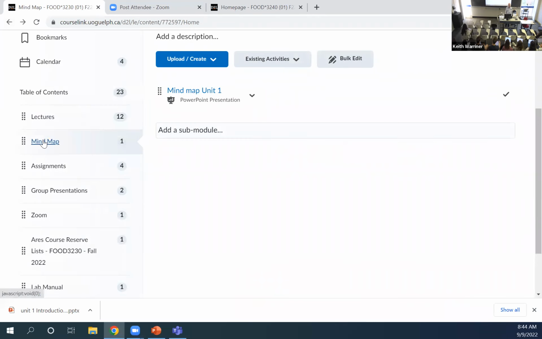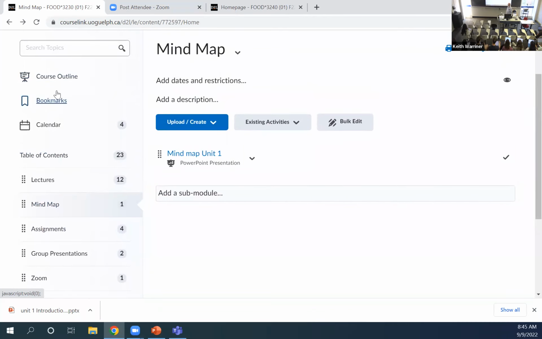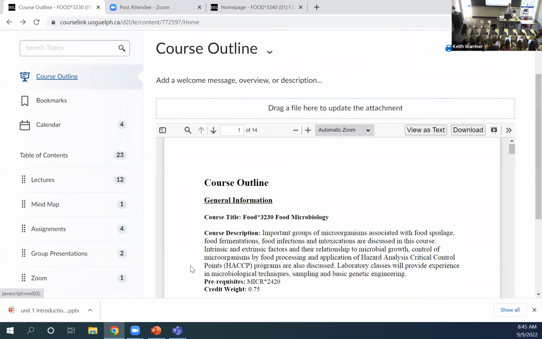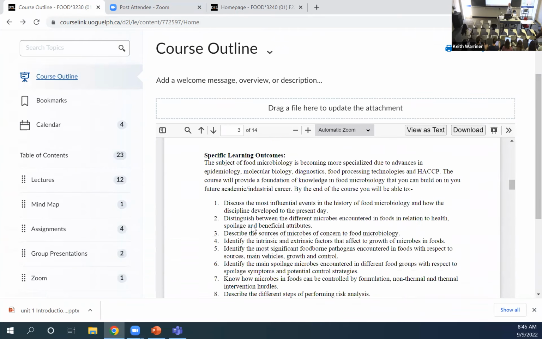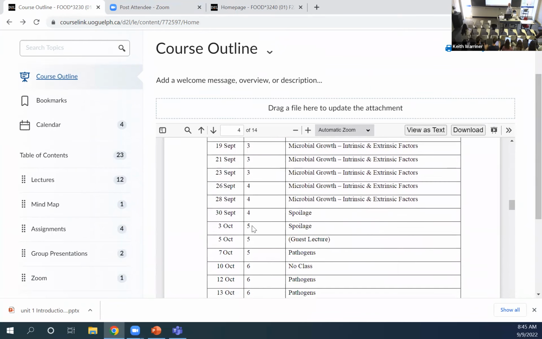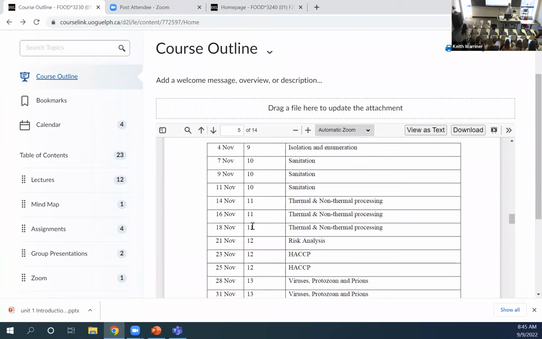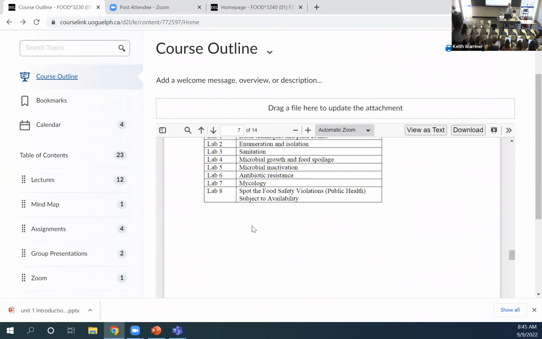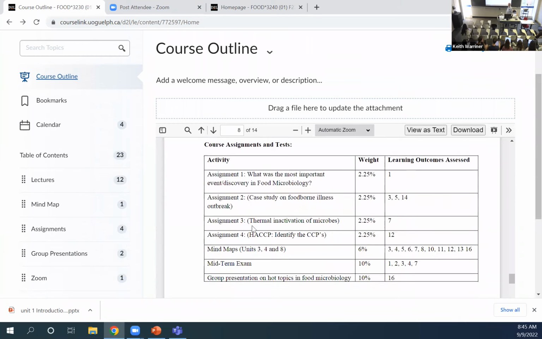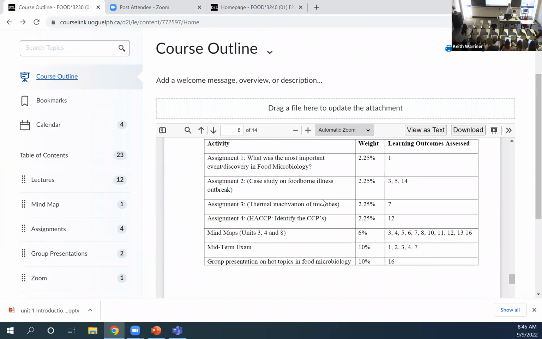So the mind maps, I would suggest, oh bless you, I would suggest to do them for all the units because they're a good revision aid. But definitely you have to do them for units 3, 4, and 8.